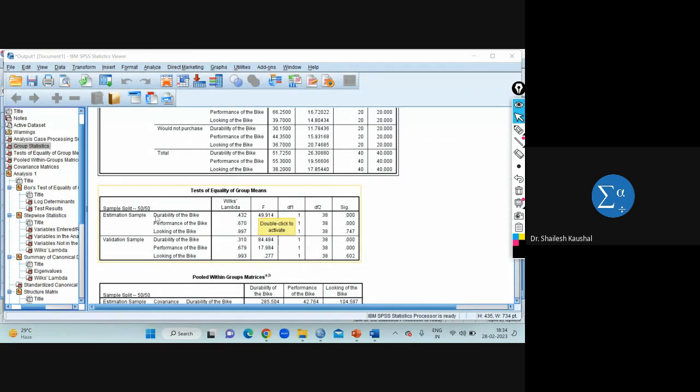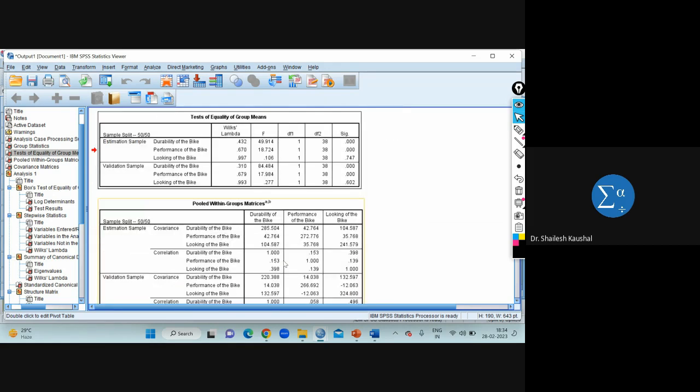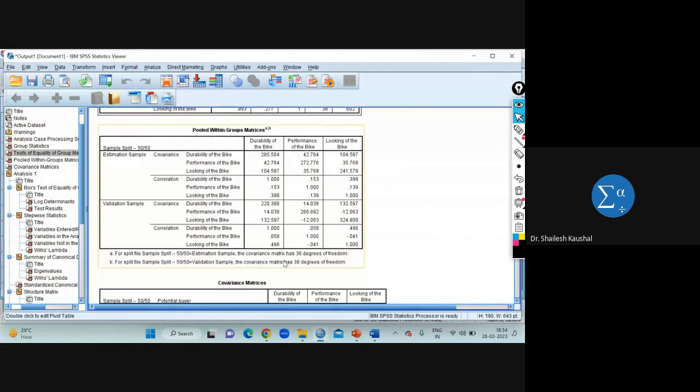In this table, for the estimation sample, durability of the bike is significant, performance is significant, but looking of the bike is not significant because the p value is greater than 0.05, it is 0.745. So according to this, looking of the bike is not important.